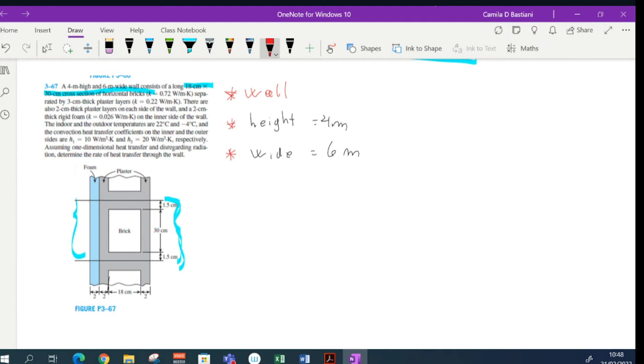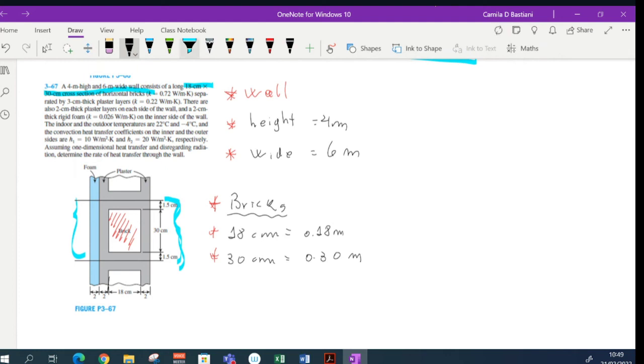So I have bricks, my bricks are 18 centimeters, 0.18 meter by 30 centimeters, 0.30 meters.